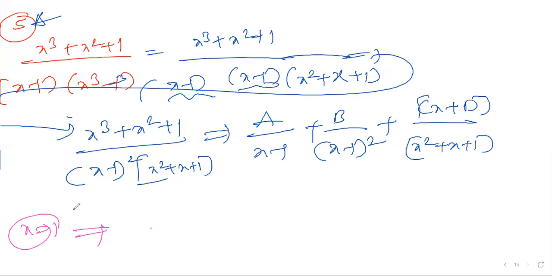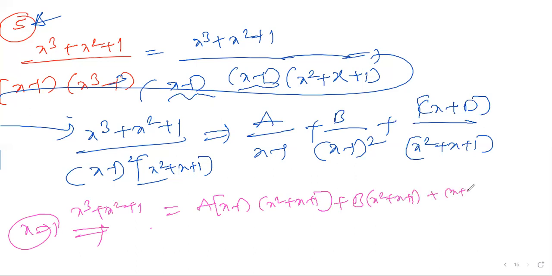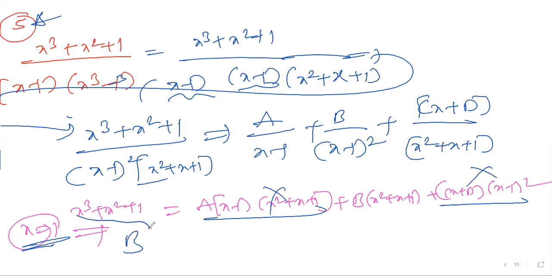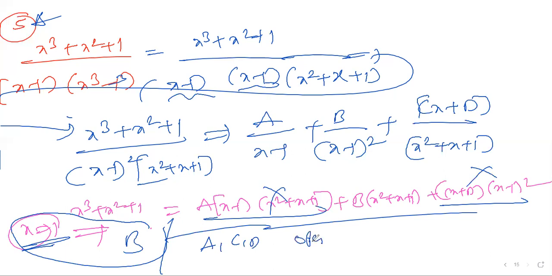If we take an LCM, x³ + x² + 1 equals A times (x - 1)(x² + x + 1), B times (x² + x + 1), plus (Cx + D) into (x - 1)². If x is equal to 1, this is gone, this is gone, and you'll get the value of B. For the values of A, C and D, please open and compare coefficients. Clear? Yes, the fifth one is finished.